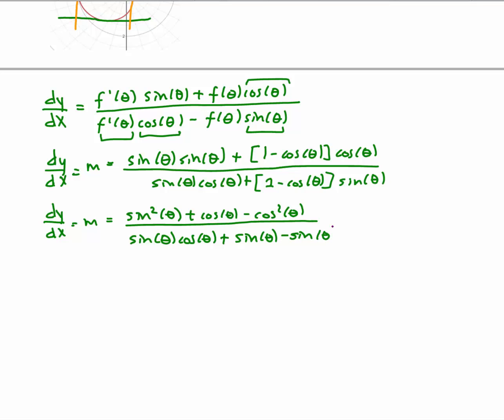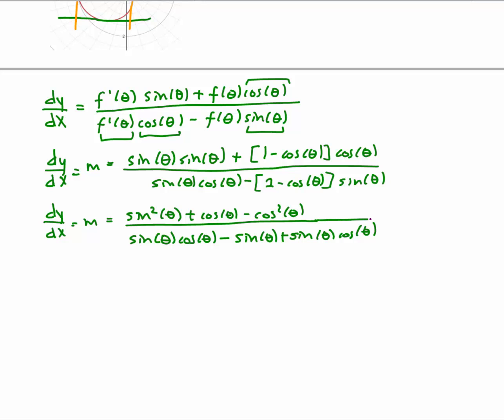And I think I dropped a negative somewhere here. So my negative should be right here. If you notice, this was negative, and then I switched it to a positive, so this has to stay negative. So this would be a negative sign. This would be a plus sine theta cosine theta.